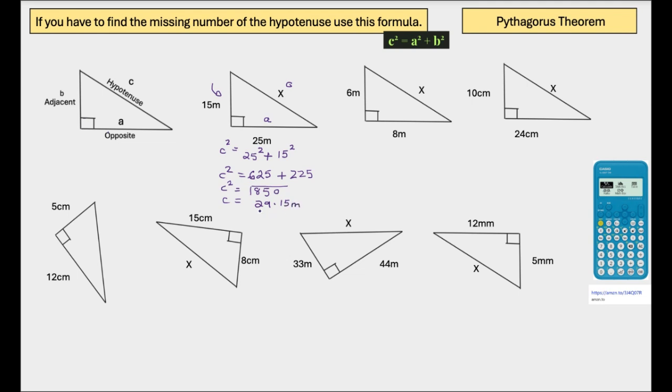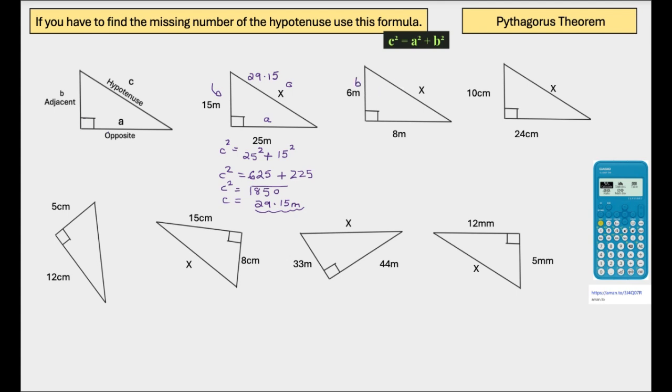Remember to put units in. Now really, you should be saying x equals 29.15 because it's this side you've just worked out. But for now, I'm following the formula.